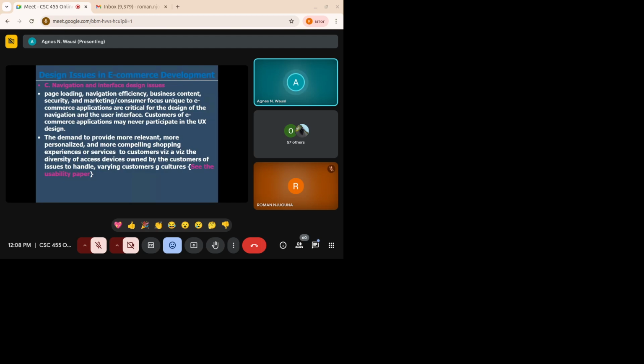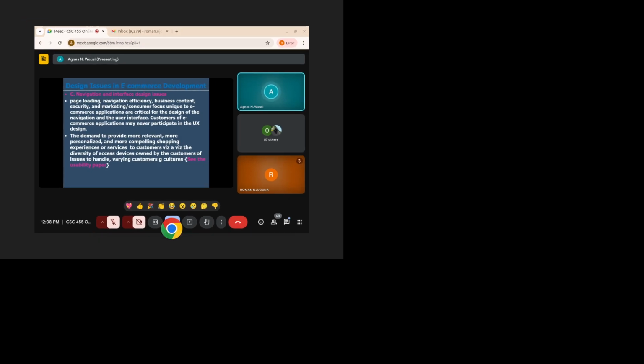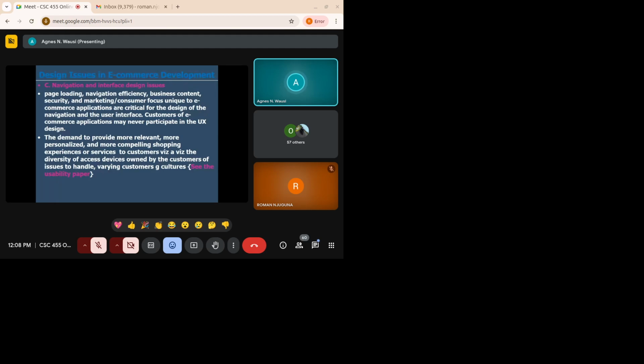So that aspect, to provide a more personalized experience, requires you then to also understand the usability of your design, to understand the various customer journeys that may be there, to understand how these customers really want to perceive the things that we are putting there for them to see.